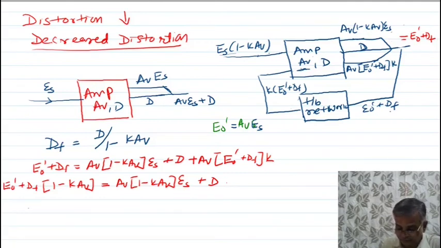Now, what is EO dash plus DF? Divide all the sides by 1 minus KV. You will get AV into ES plus D upon 1 minus KV.